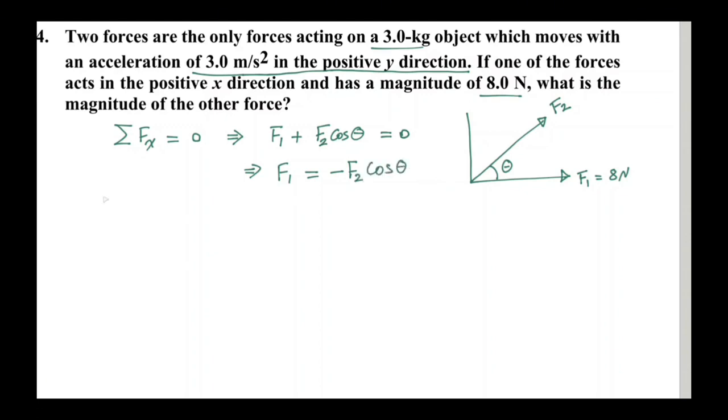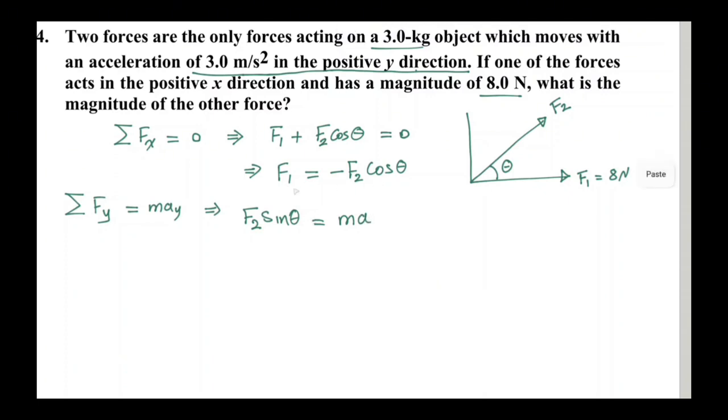Now the sum of all forces on y is not 0, it's equal to ma, because it's given in the question: 3 meters per second squared in the positive y direction. So in this case here, F2 sine theta, with no y component for F1, equals ma.